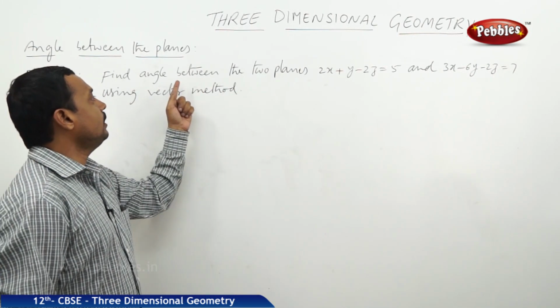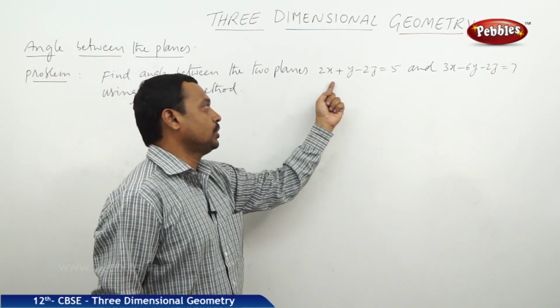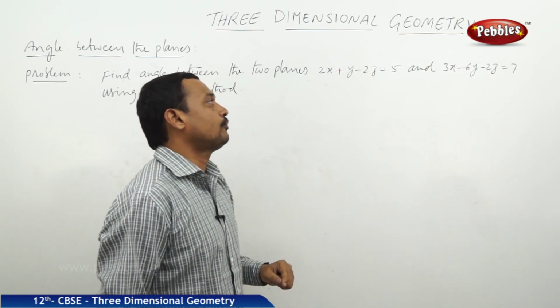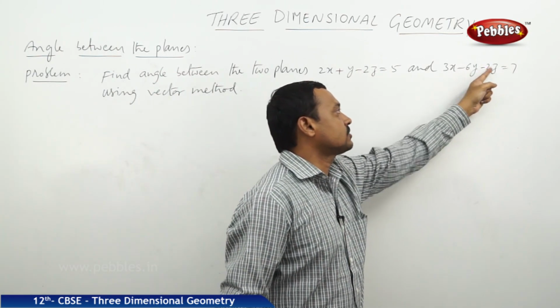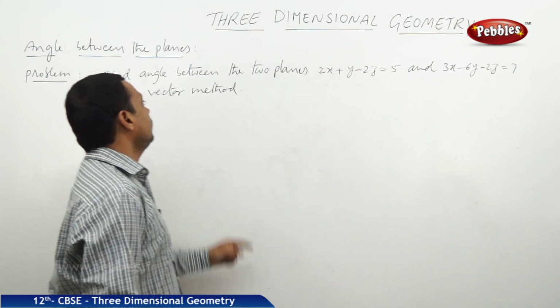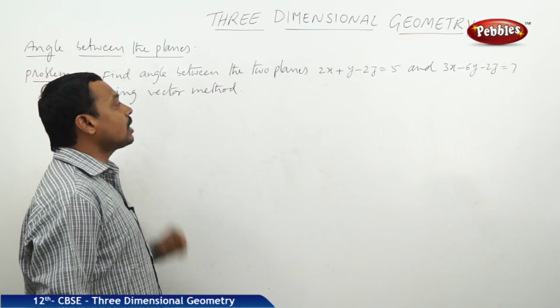Now let us find the angle between two planes 2x plus y minus 2z is equal to 5 and 3x minus 6y minus 2z is equal to 7 using the vector method.